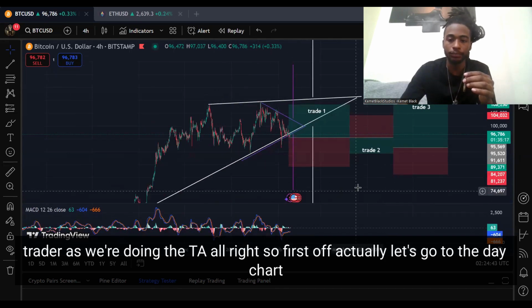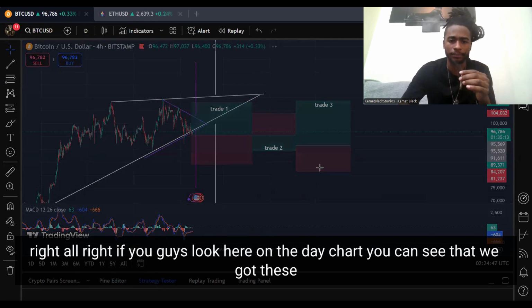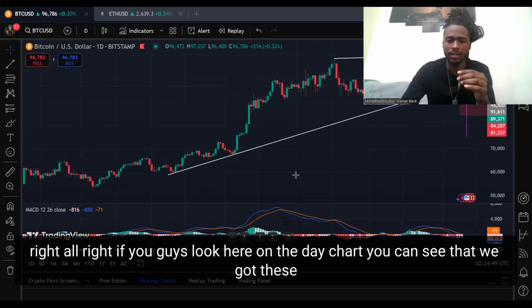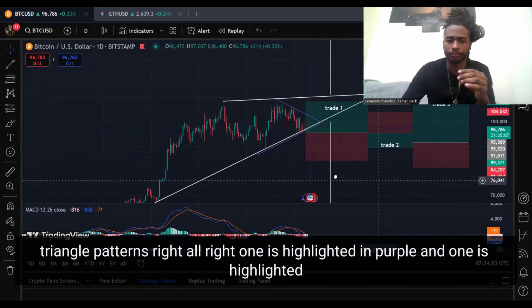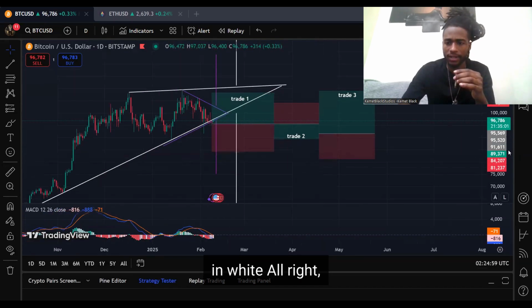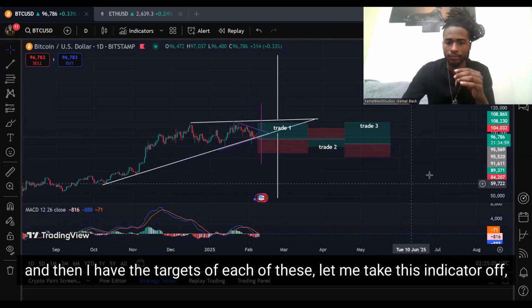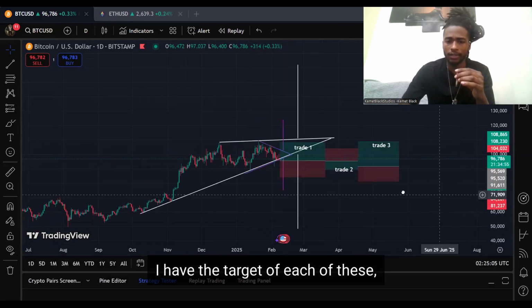First off, let's go to the day chart. If you look here on the day chart, you can see that we've got these triangle patterns. One is highlighted in purple and one is highlighted in white. I have the target of each of these.